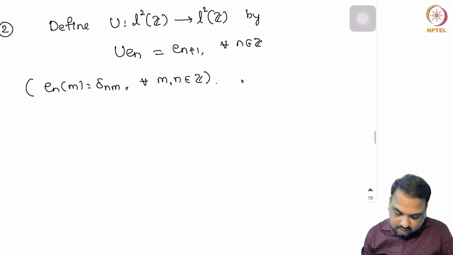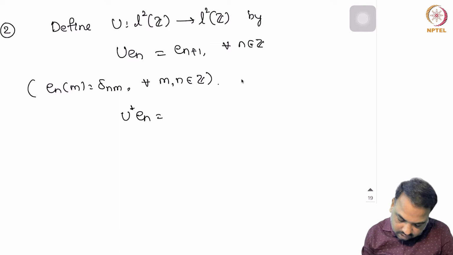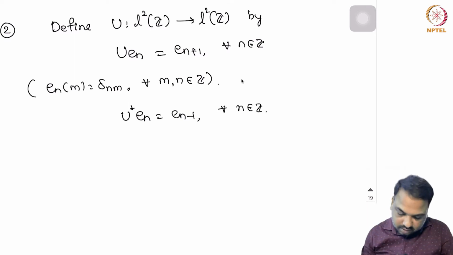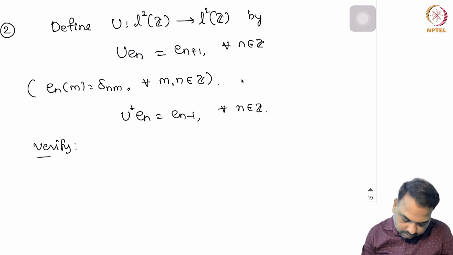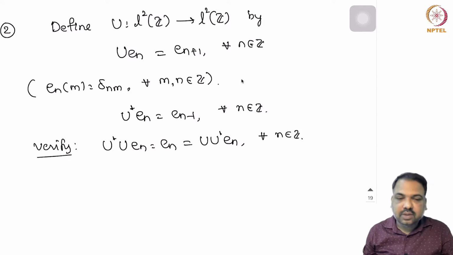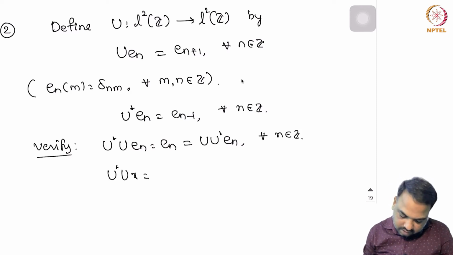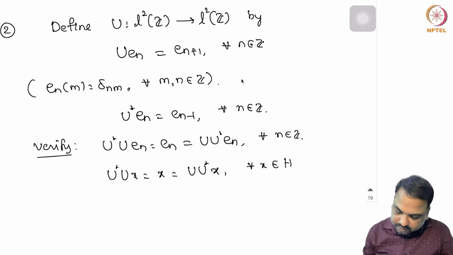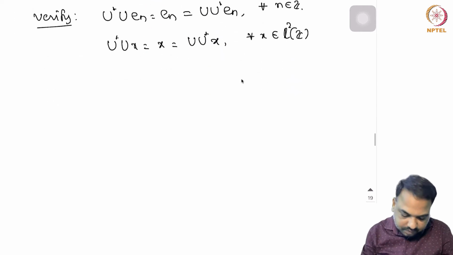Okay, we have already seen that in this case U star of En is En minus 1 for all n in Z. We can verify that U star U En is En, and that is equal to U U star En for every n in Z. Not only that, we can even verify that U star U x is x, that is equal to U U star x for every x in L2 of Z. That means we can conclude that U is a unitary operator.